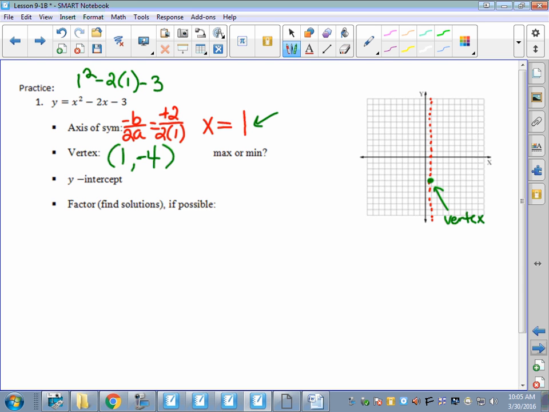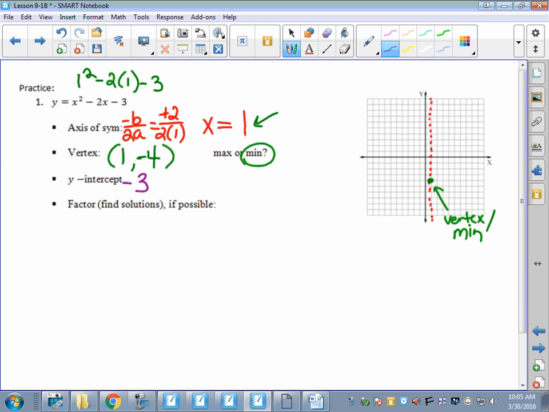We said that this was going to be a minimum because our parabola is going to open up because our a value is positive. So when we graph this, we should be like, oh yeah, this is definitely opening up. This is definitely a minimum point. The y-intercept is always our c value. Our c value in this case is negative 3.